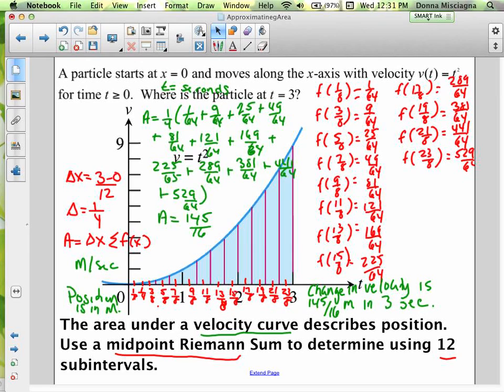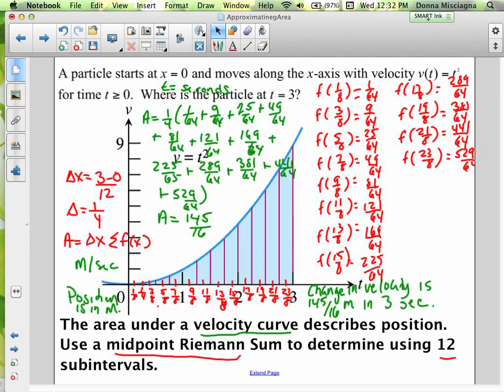Questions on this? This is a big idea, and it does have a purpose. It gives us information about our function when we integrate the original function, in this case the position. So area under the velocity curve gives you information about position.